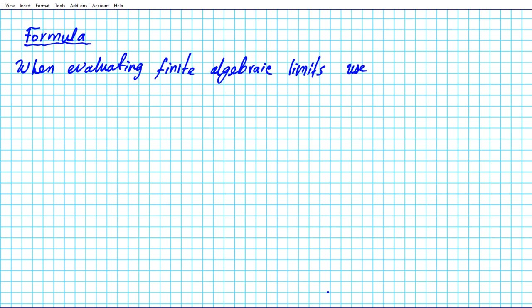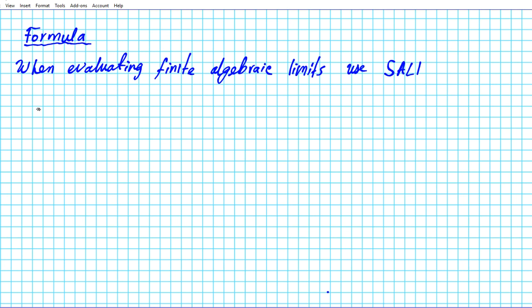Now, whenever you're evaluating finite algebraic limits, like the ones we're going to be doing in the examples today, we're going to use a procedure called Sally. Okay, so this is Sally returns. Remember, please excuse my dear Aunt Sally. Well, Sally's back again. Alright, so use Sally.